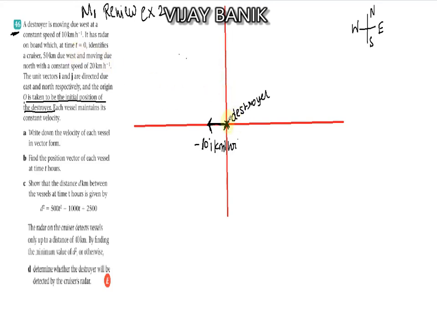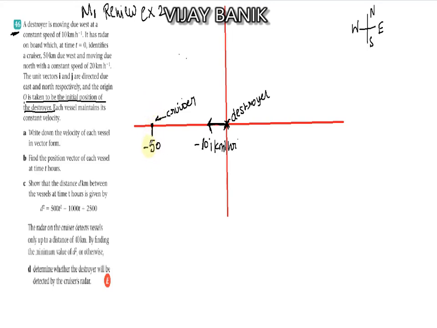The destroyer is over here, and it is identifying a cruiser 50 kilometers due west. Let's say each unit is 1 kilometer. So let's say the cruiser is over here. The cruiser is at how much?